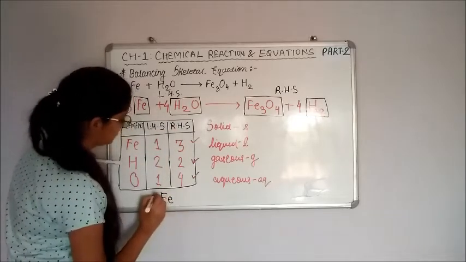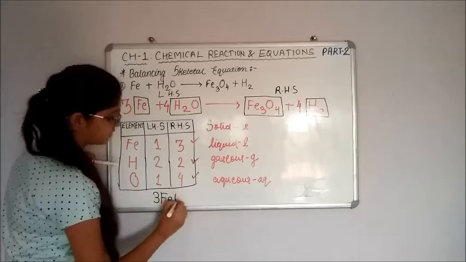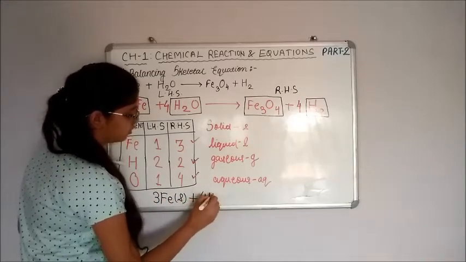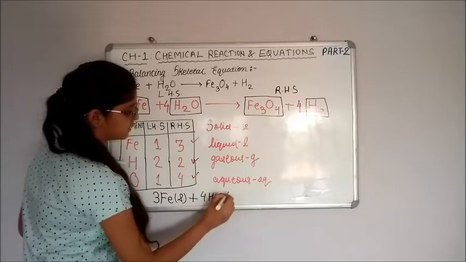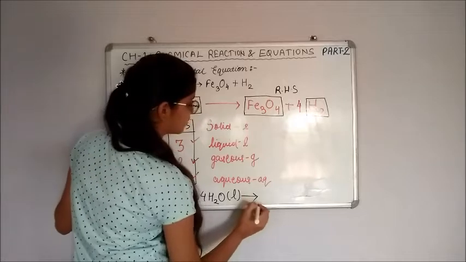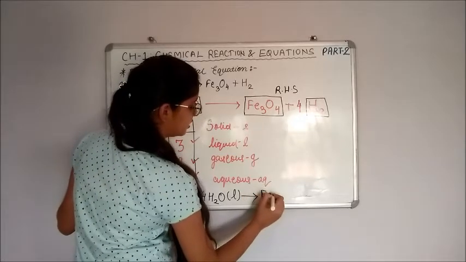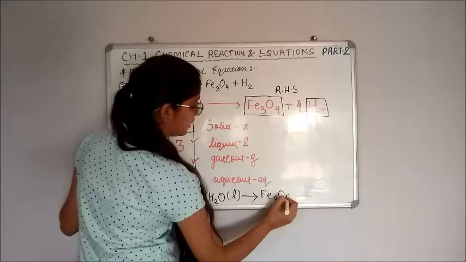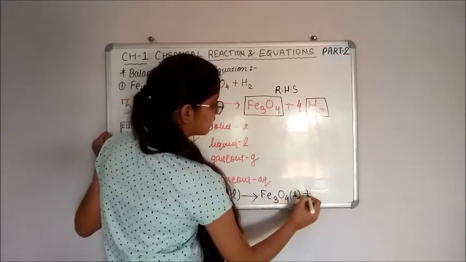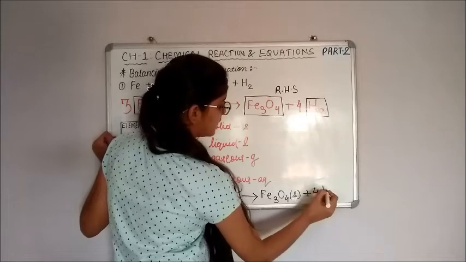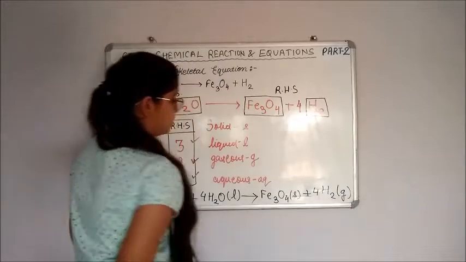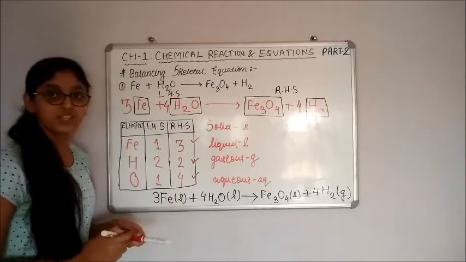So it becomes 3Fe, which is solid, plus 4H2O, which is liquid, gives Fe3O4, which is again solid, plus 4H2, which is gaseous. So this is how we balance an equation.